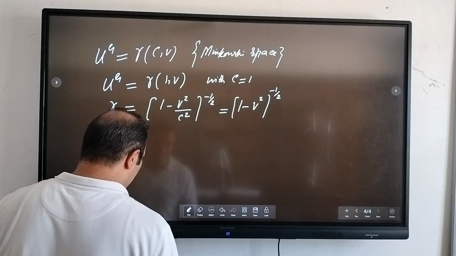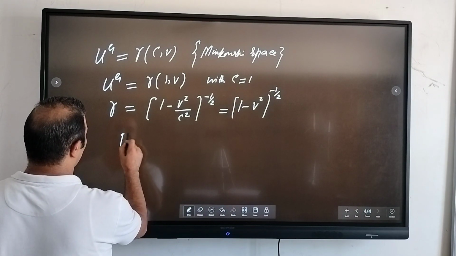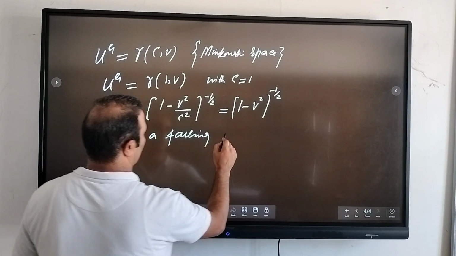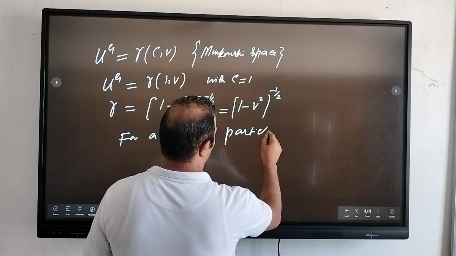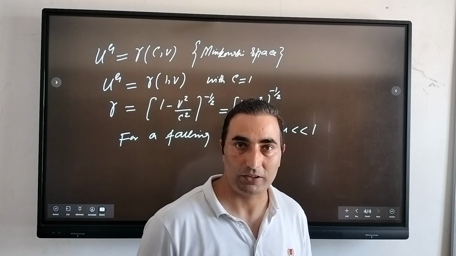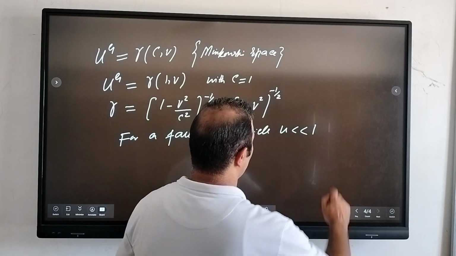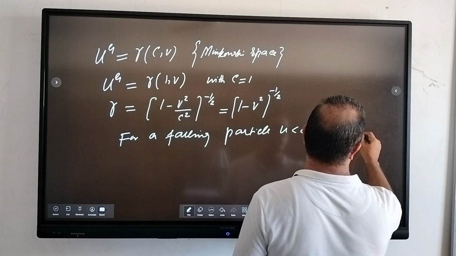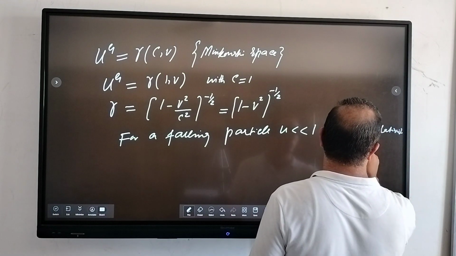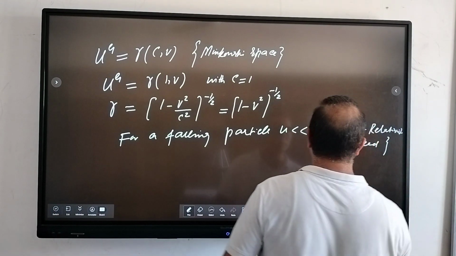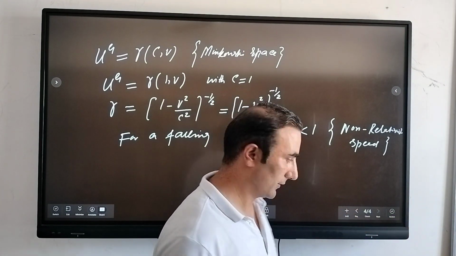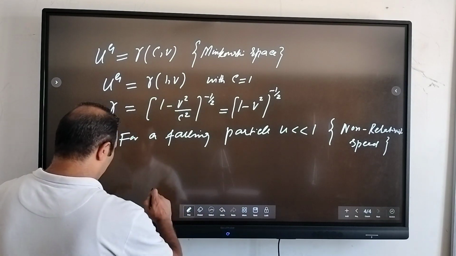So if you choose v less than 1, that means we are talking about non-relativistic speed. In the limiting case the velocity will be less than 1, right? So in that case, what will be our gamma?